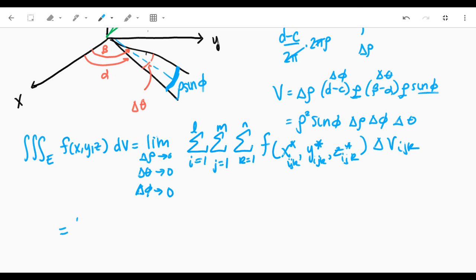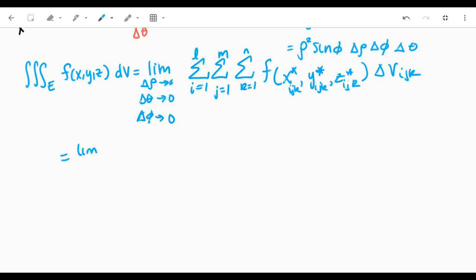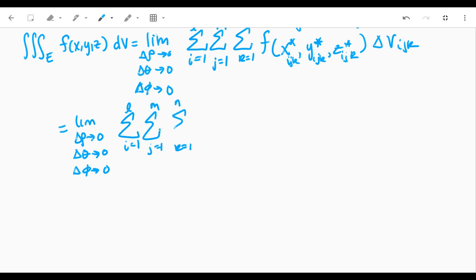Now let's switch those to spherical. So that's your limit again. I know that these proofs can get a little bit much, but you're never going to have to regurgitate them. It's just kind of a basic understanding if you can get it. It doesn't help that my Chromebook is so slow. Summation I equals 1 to L, J equals 1 to M, K equals 1 to N of the function.